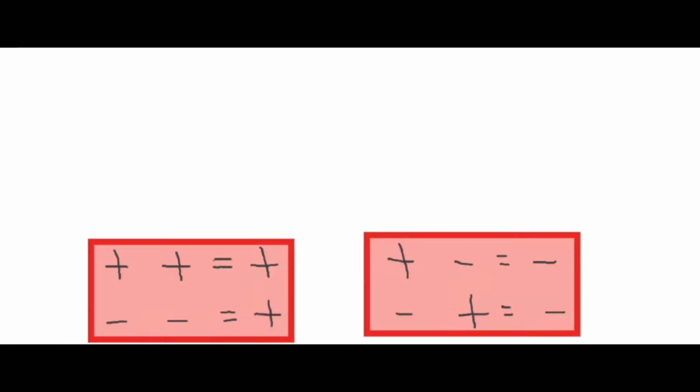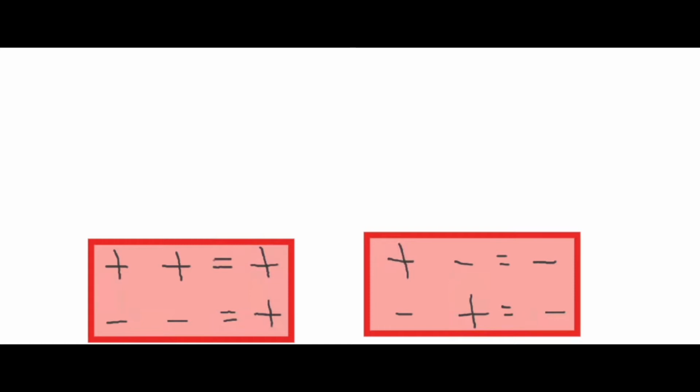There are some rules for multiplying and dividing two integers. So let's learn the rule first. The rule is when you multiply an integer with plus sign and another integer with plus sign, you get the product as plus.